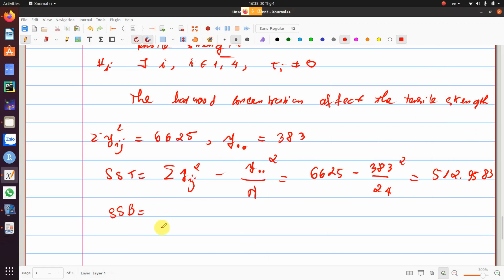So we have 1 over n, because the number of observations for each treatment is the same.